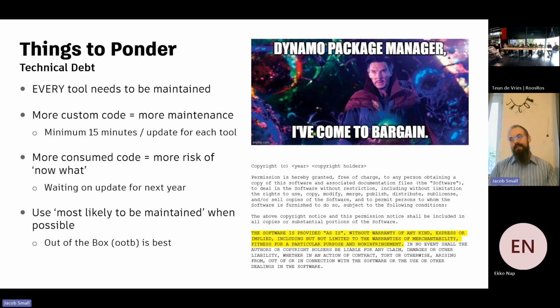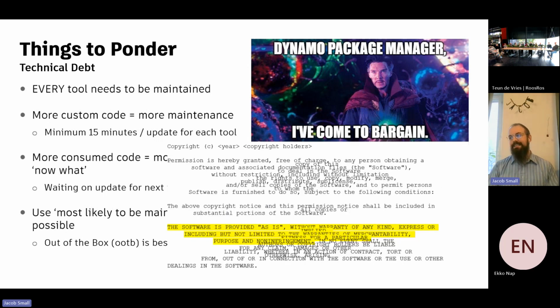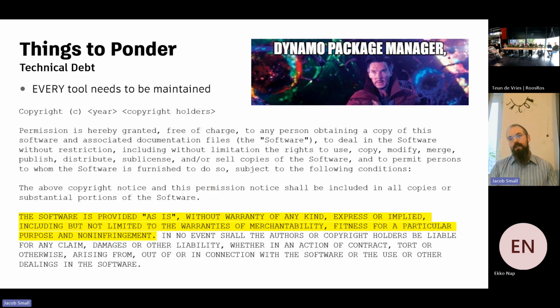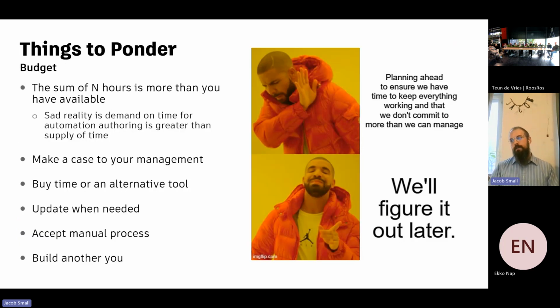I've added that bit of highlighting. The software is provided as is, without warranty of any kind, express or implied, including but not limited to the warranties of merchantability, fitness for a particular purpose, and non-infringement. No warranty. There's no guarantee this is going to continue to work in a future build. This is something that you agree to as soon as you download that package, right?